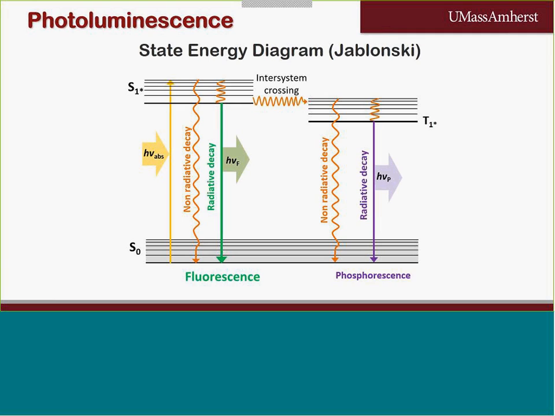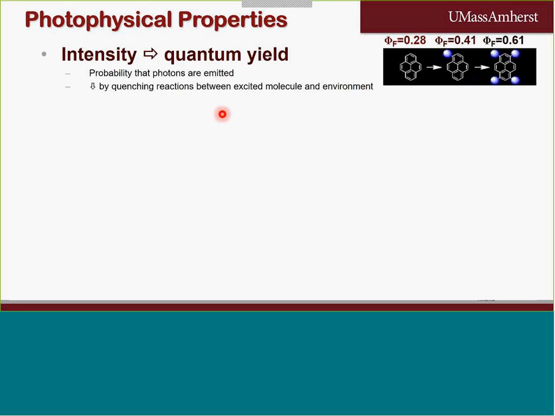In terms of photoluminescence, there are certain photophysical properties that characterize it. Let's review those before continuing. One relates to the intensity of the emission and the quantum yield, which correlates to the probability that photons are emitted.